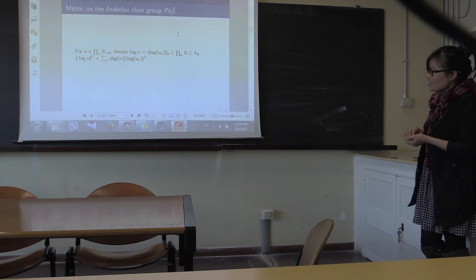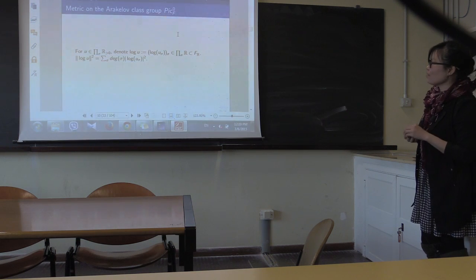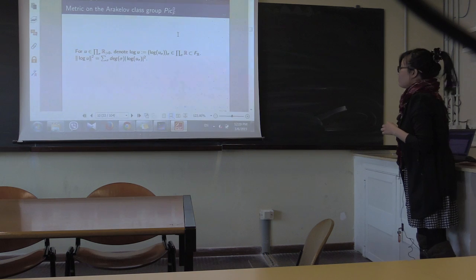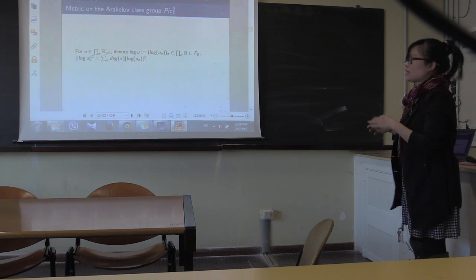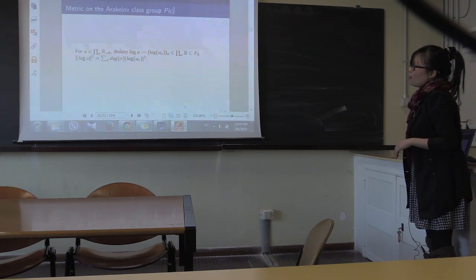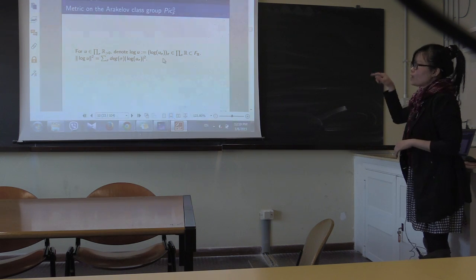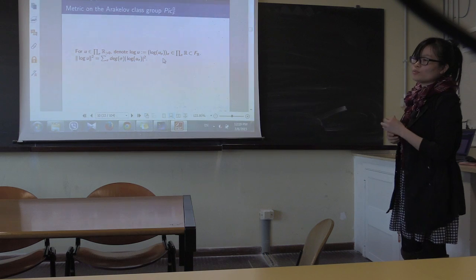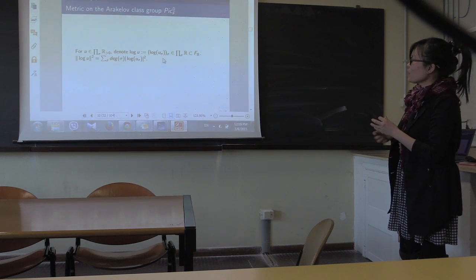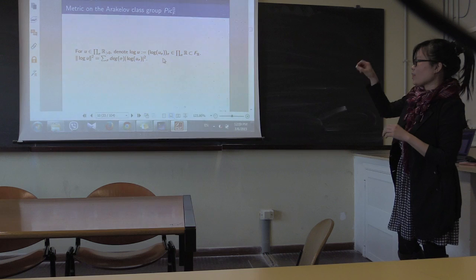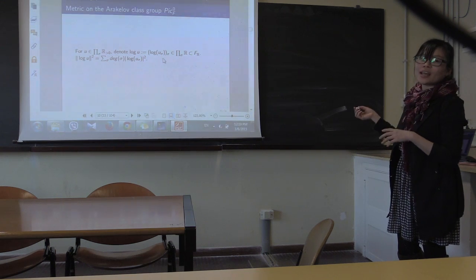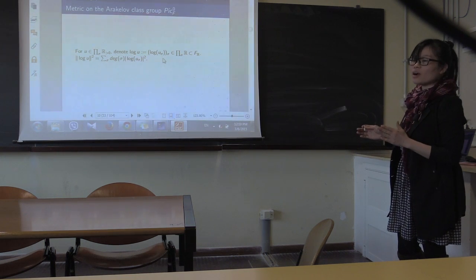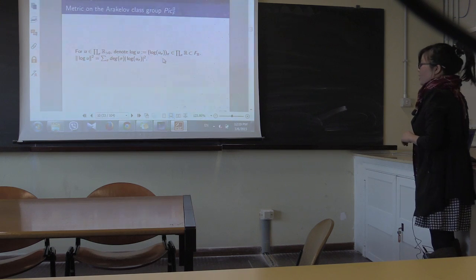Okay. And here is the metric on Pic^0 F. First, I take a vector u with all coordinates positive in F_R. And we know log u is the vector where you take the log of all the components of u. Then it's contained in F_R, so you can compute the length of vector u with the metric on F_R.